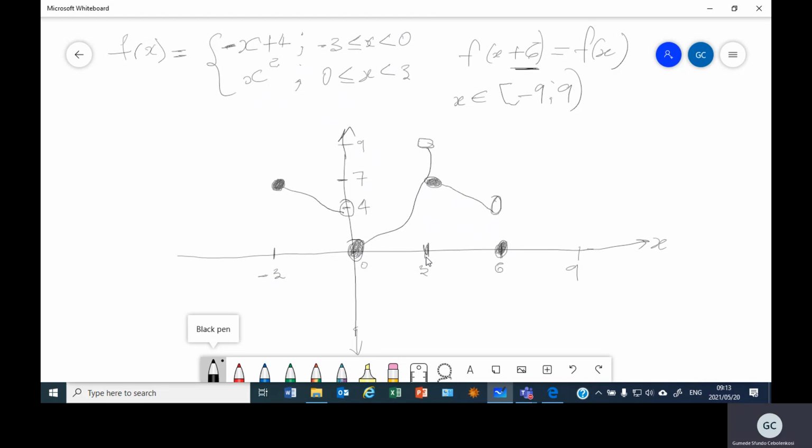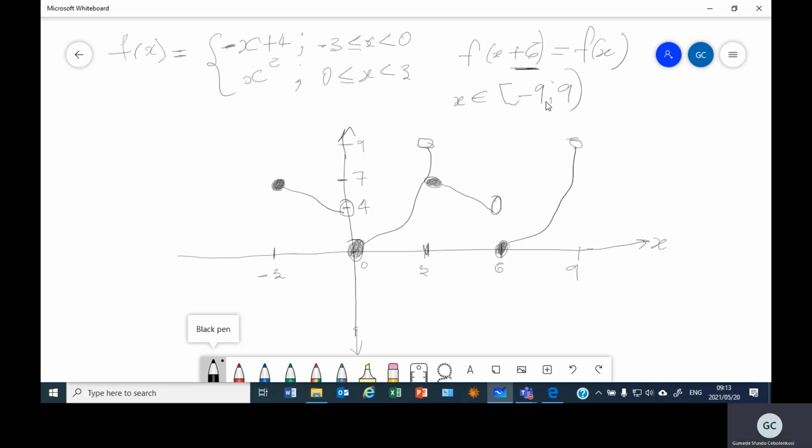This was at x equal to 3, so it will move horizontally. And it should be a curve, like I said. There's no need of moving this further to the right because we were told to sketch up until 9. So we've reached 9.